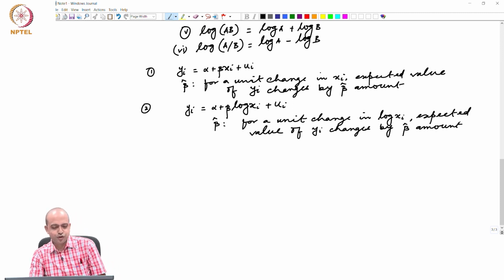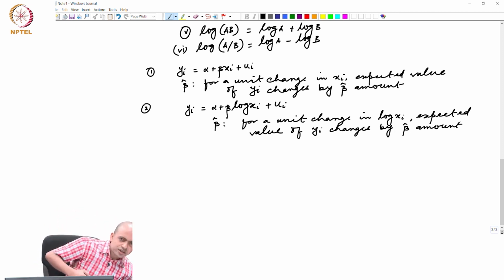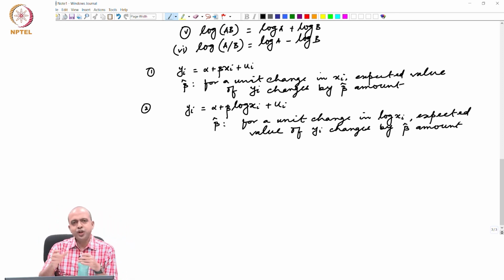Okay, beta hat amount. But understanding a unit change in log of xi becomes a little difficult, because for a unit change in xi we can easily understand the change in x, but one unit change in log x is harder. So, we will convert this interpretation into a unit change in xi.